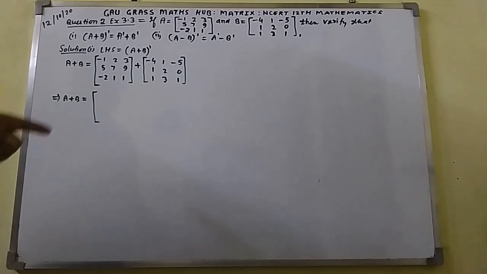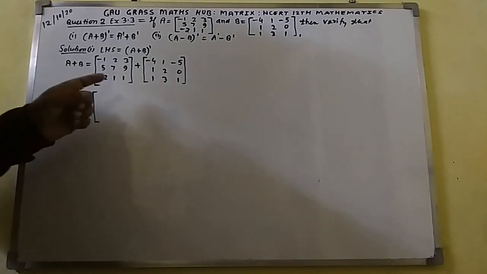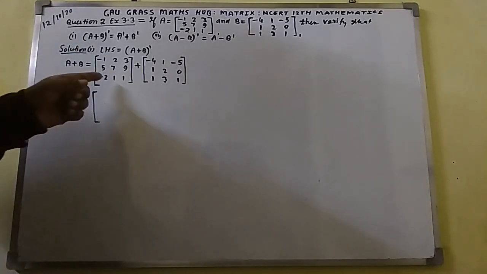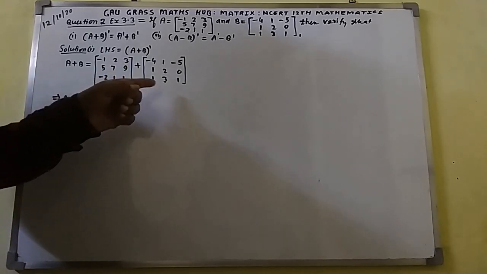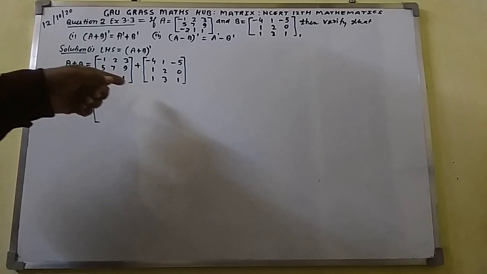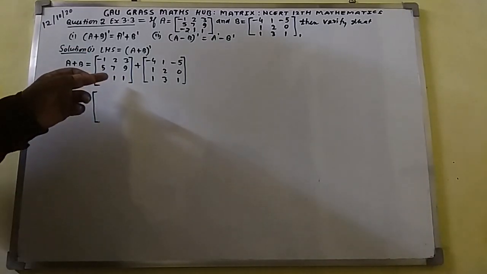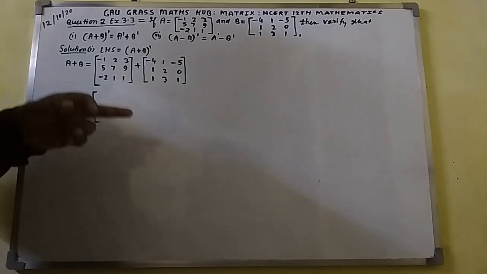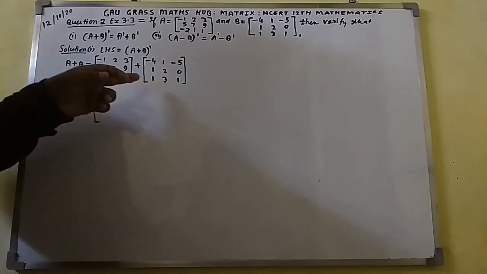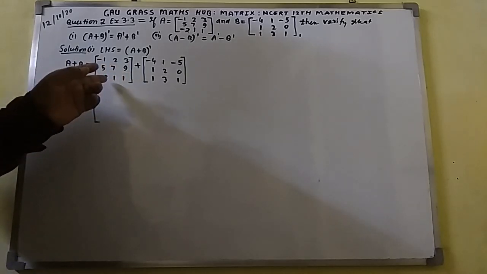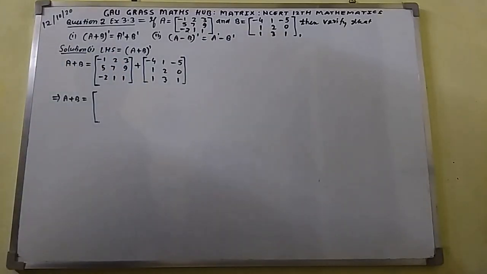When the orders of both matrices are the same, then both matrices can be added together. Hence these both matrices will be added together.